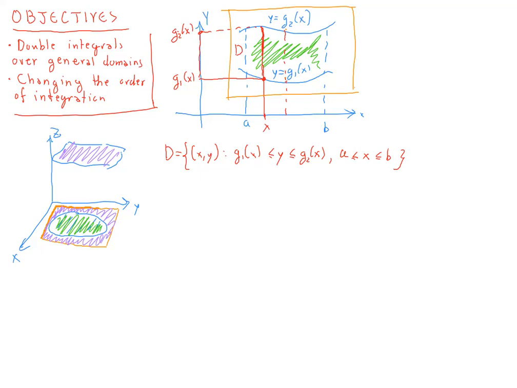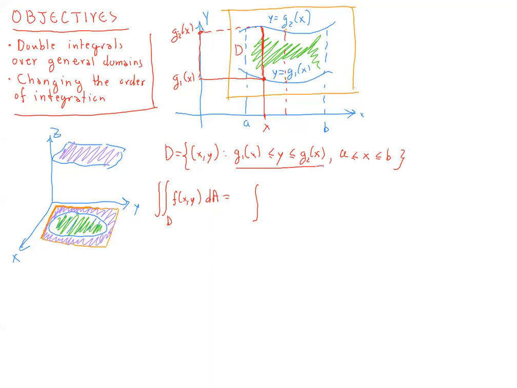The formula is as follows. The double integral over D of f of x, y, dA. The idea is that I want to write this as an iterated integral. And when you have such a description, you always begin with this variable right here.